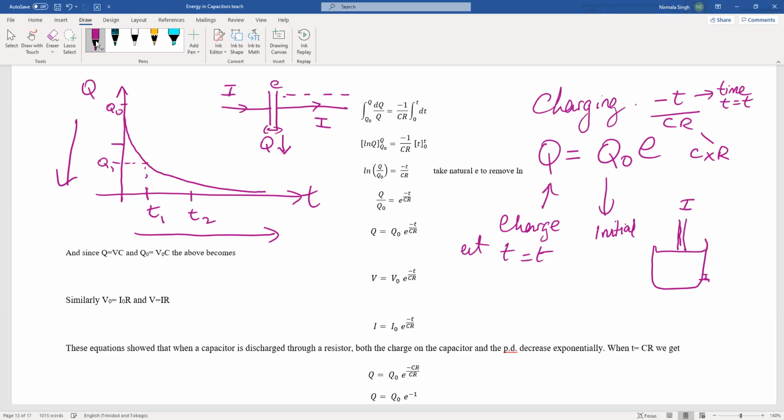This is your current that is coming in, and your current is going to be coming out of your capacitor. Imagine this is your capacitor. When I stop putting current into my capacitor, what's going to happen? These electrons are going to continue leaking out and draining out of your capacitor until it is empty.